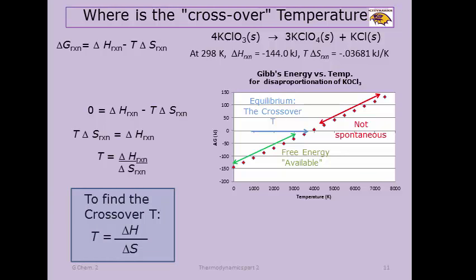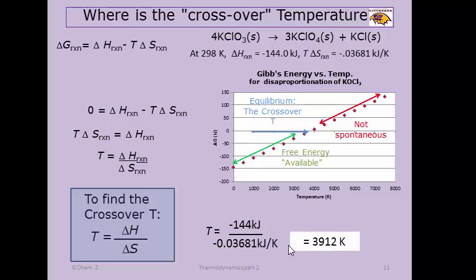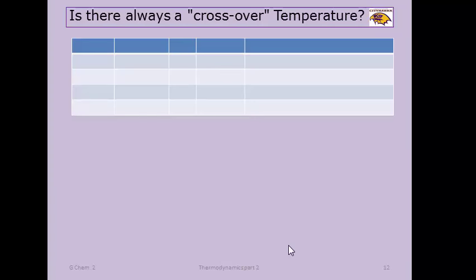Basically just divide your delta H by delta S. So now if I take my enthalpy, which is minus 144, and I divide it by the entropy, which is minus 0.03681 kilojoules per K. Now I'm dividing by a fraction, so I'd invert and multiply. My kilojoules would cancel, and as a result I'd get 3,912 K. And that is the crossover temperature, and that is the equation to find the crossover temperature.